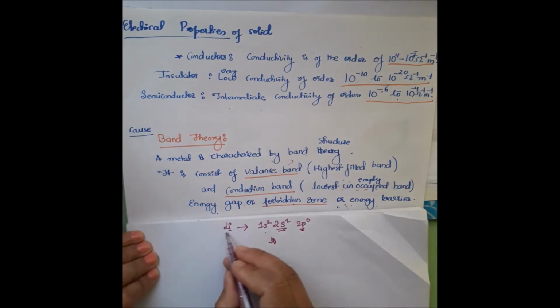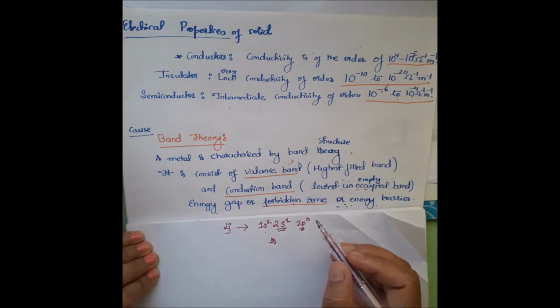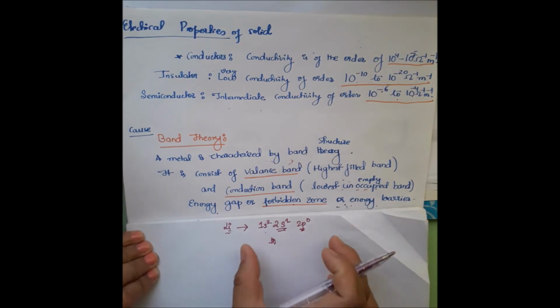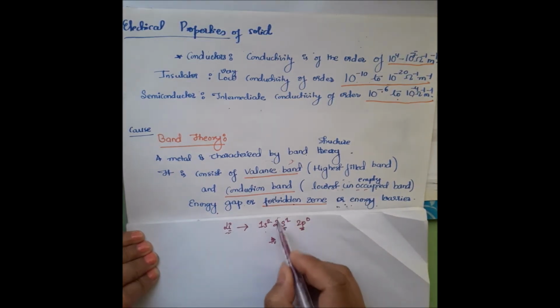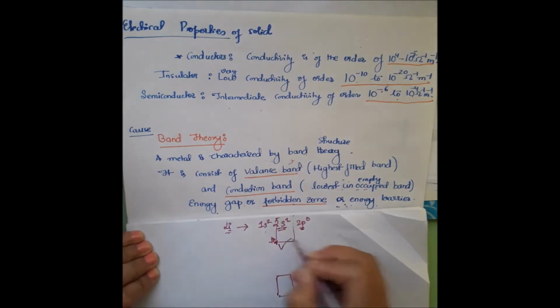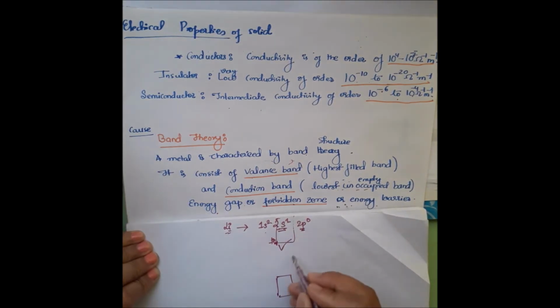The atomic orbitals of the large number of lithium atoms will form a large number of molecular orbitals, with energies very close to each other, so that they form a band. The one with the valence electron forms the valence band, and the first orbital with no electron forms the conduction band.